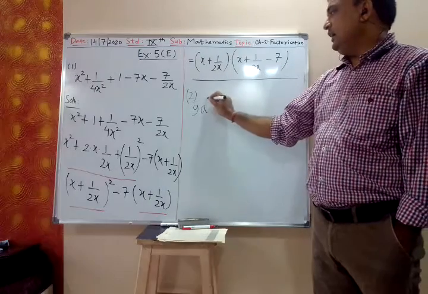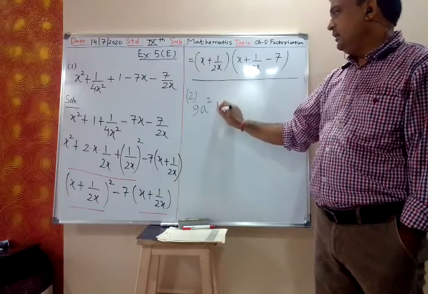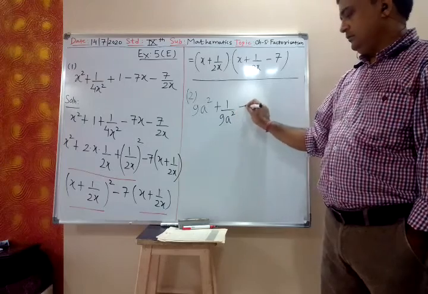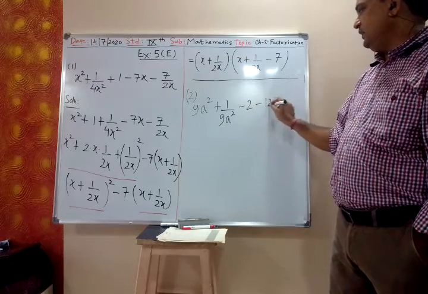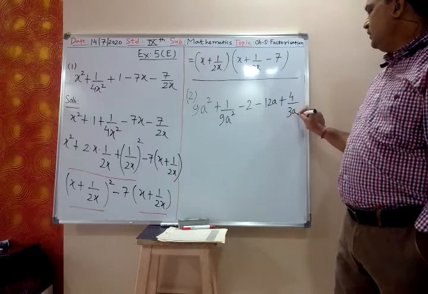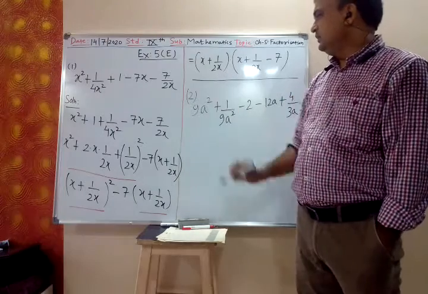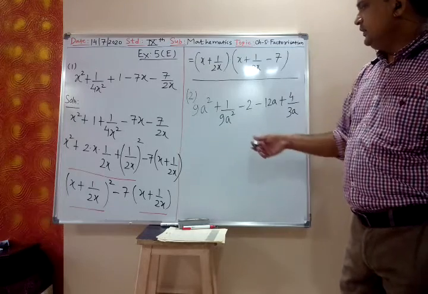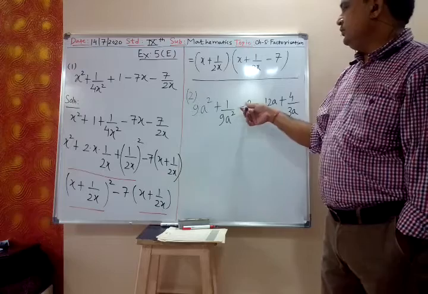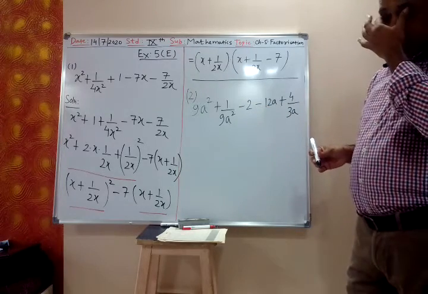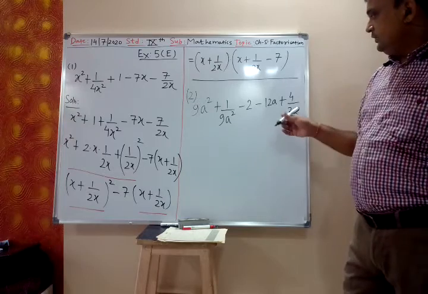Now second: 9a square plus 1 upon 9a square minus 2 minus 12a plus 4 upon 3a. This I am giving as homework, in the same way. Should I give the second as homework?